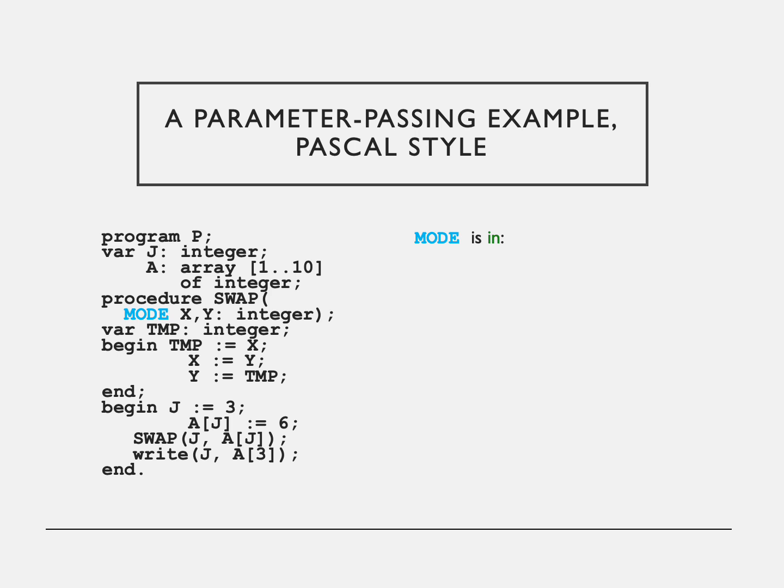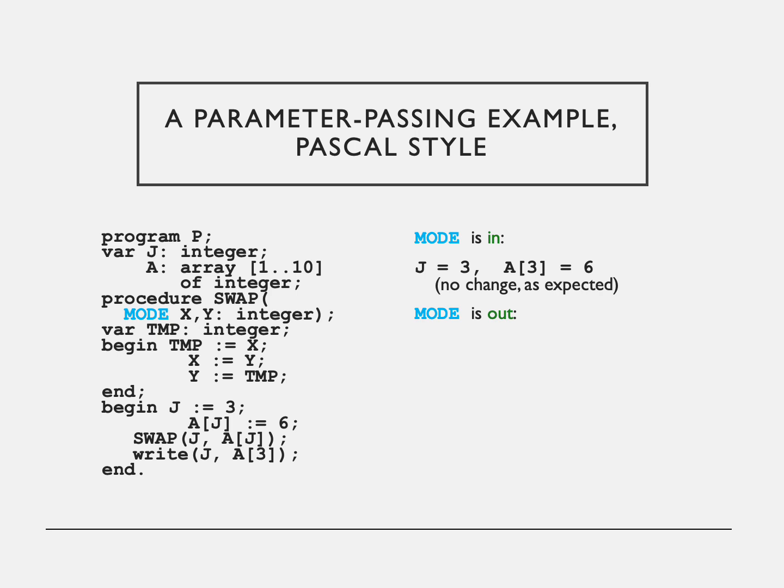Then the swap procedure is called with j and a3 as arguments. Because both parameters are passed by reference, any changes to x and y inside swap affect j and a3 directly. Now after the swap, j becomes 6 and a3 becomes 3.